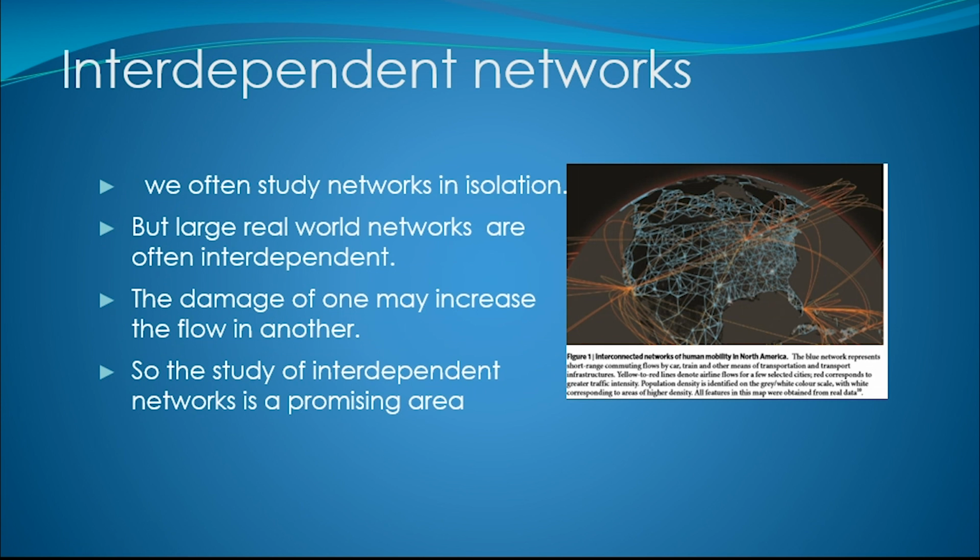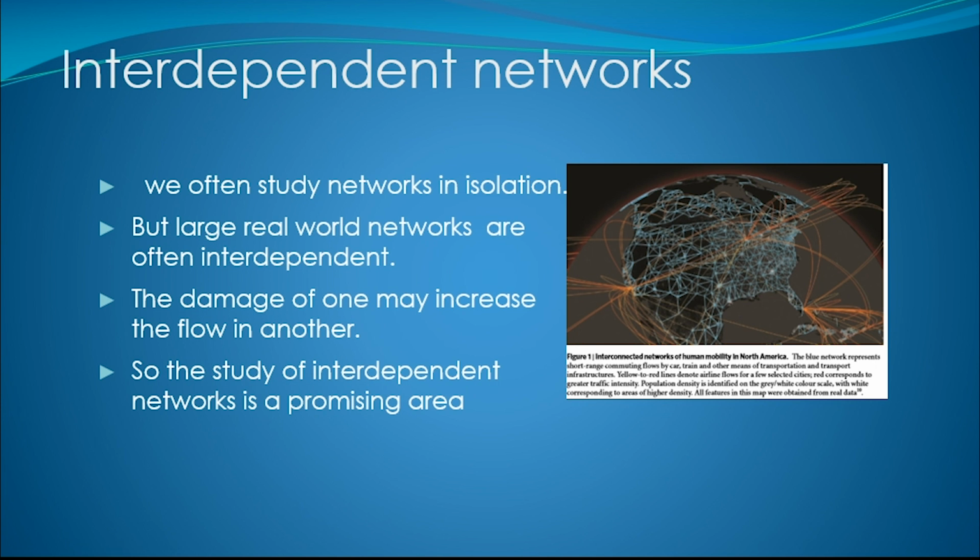Interdependent networks are networks that do not work in isolation. One network may be dependent on another network. If one network is damaged, the flow in the other may increase. Can you give an example of two interdependent networks? Sure. You may think that they are independent, but they may not be.